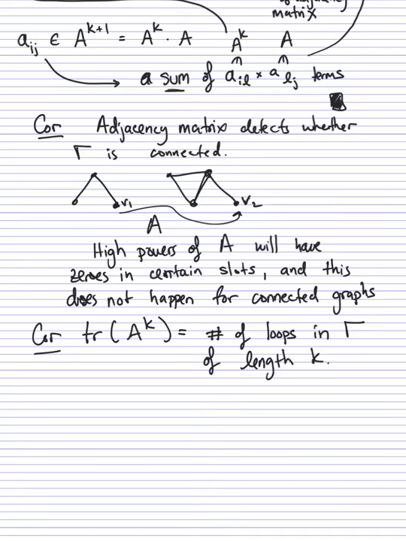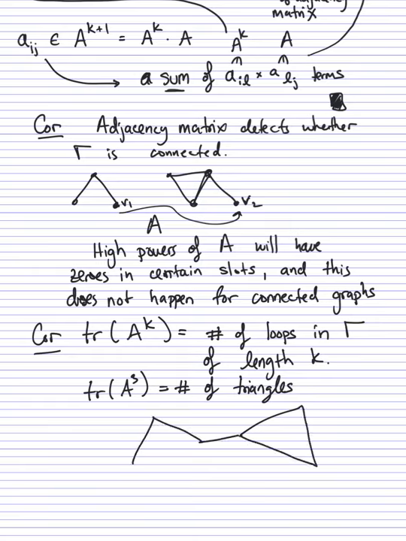So for example, the trace of A cubed would be the number of triangles. If you want to look at how many triangles there are going through any possible vertices, say my graph has a lot of triangles and looks something like this, then the trace of A cubed will count that.